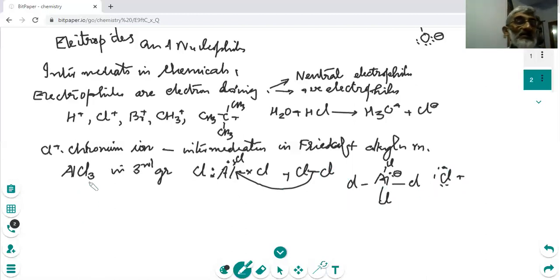Now this Cl plus is used in the chlorination reaction of benzene. It is an intermediate in the chlorination reaction. Similarly, we can generate Br plus also. How do you generate CH3 plus? Again the same method. You take the corresponding alkyl halide and react it with aluminum chloride, the same procedure.